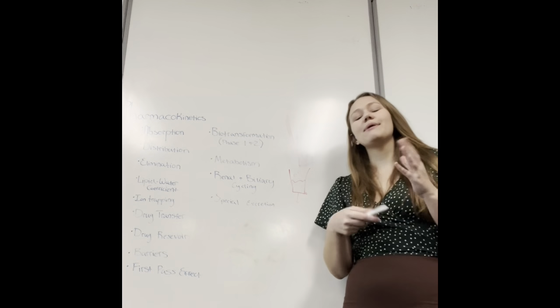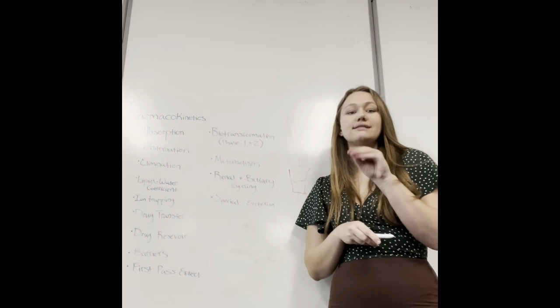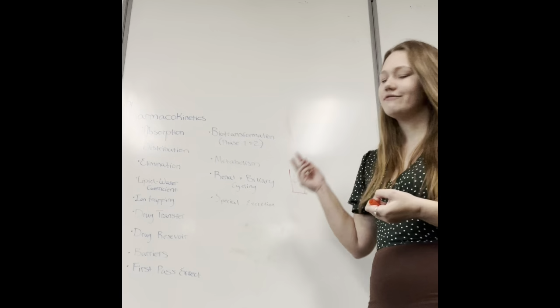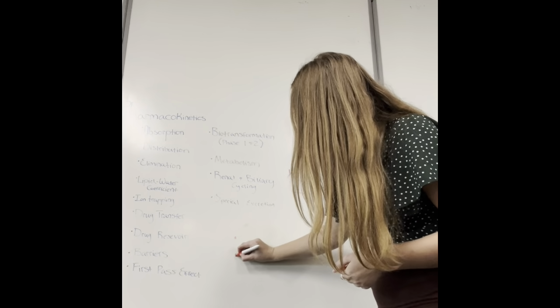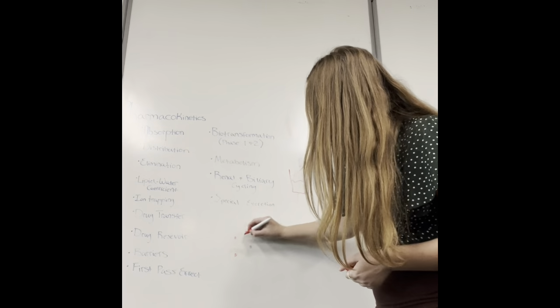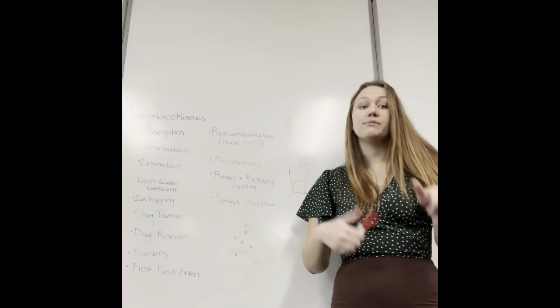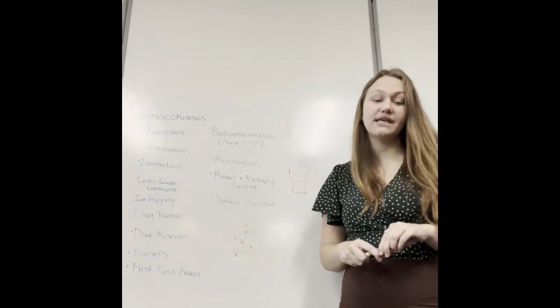Now, the thing about carriers is this means that it can be saturated. So what does that mean? Say we have 5 molecules of a drug. So we're going to have 1, 2, 3, 4, 5. And those 5 drugs need help getting across the membrane. They're going to need that help from the carrier.